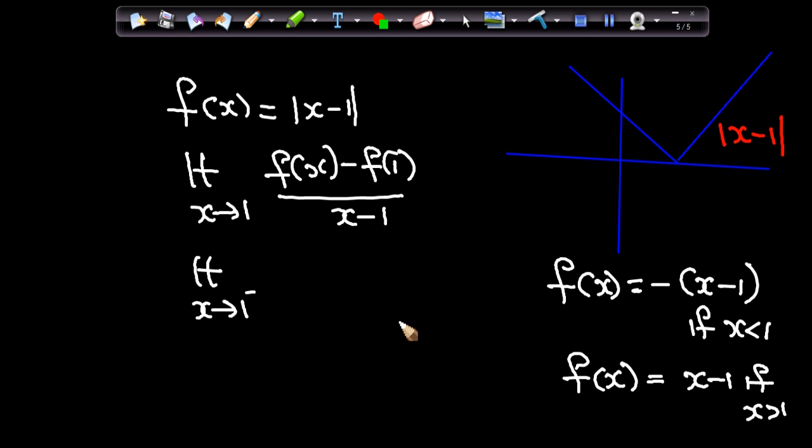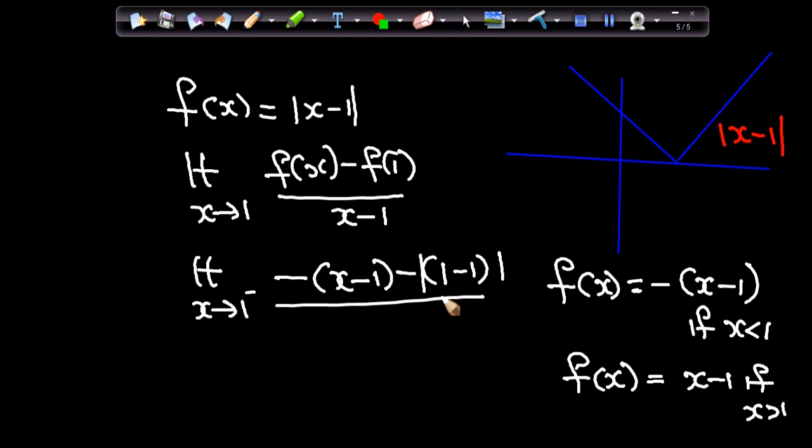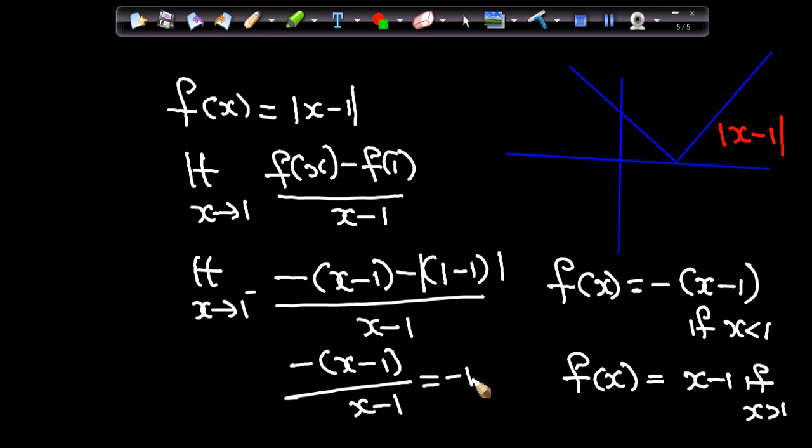So f of x is minus of x minus 1, and f of 1 is mod of 1 minus 1, divided by x minus 1. That is equal to minus of x minus 1 by x minus 1, which is minus 1. So the left hand limit of this function as x tends to 1 from the left is minus 1.